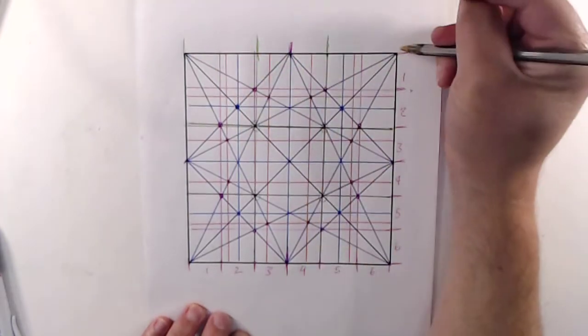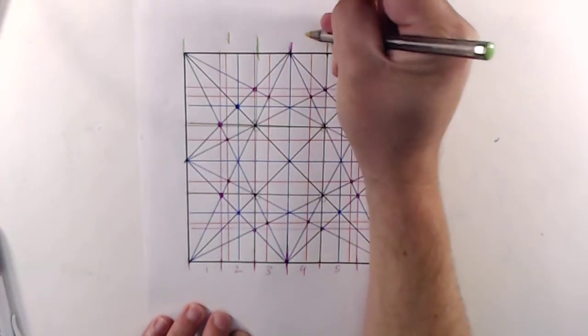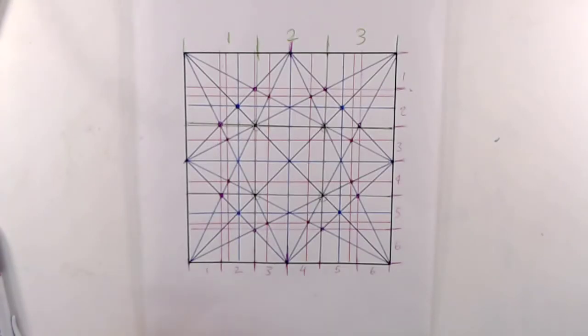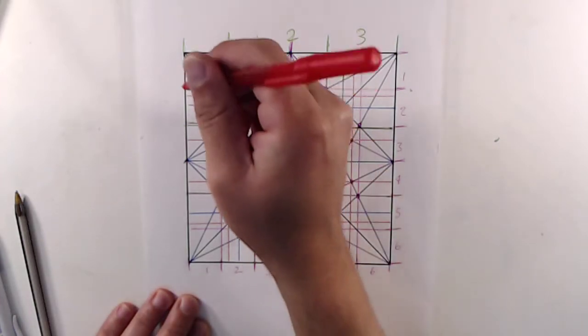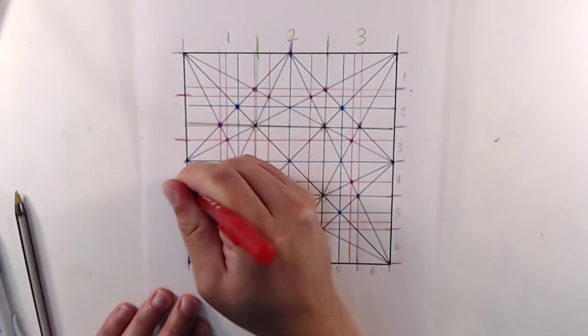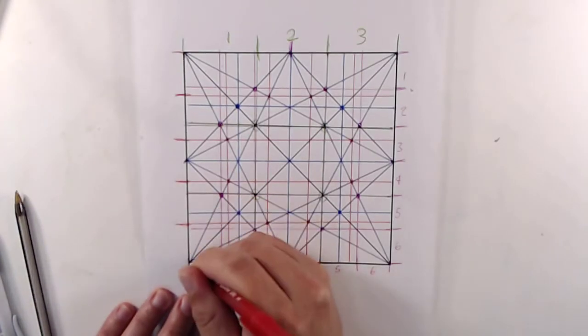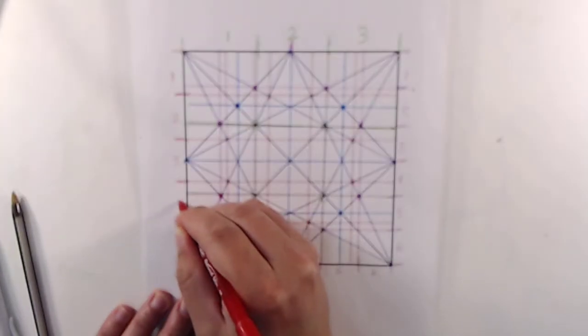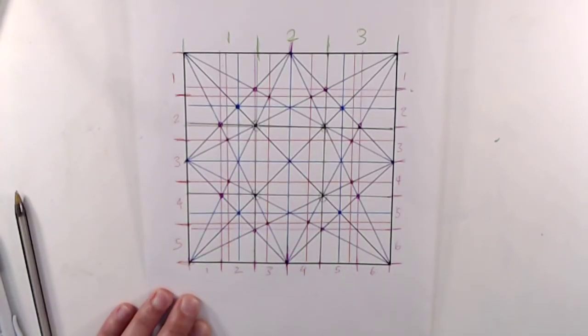Here we have thirds. 1, 2, 3. Or fifths. 1, 2, 3, 4, 5. Do the sixths, and then the quarters.